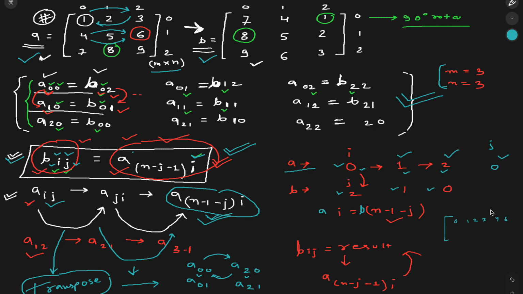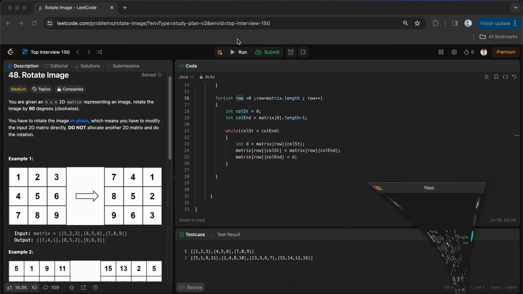For the 0th row it is swapping this value, then column start increases and column end reduces, then it will swap this value with this value, then again it will swap this value and this value. So for every row we are doing this. I think it will work. Let me run it.